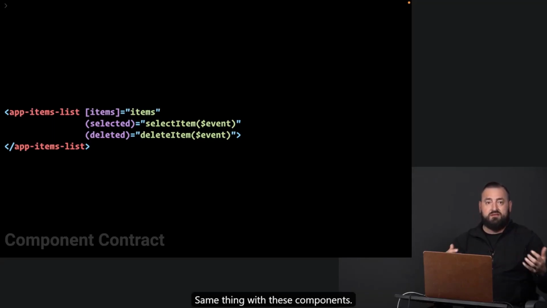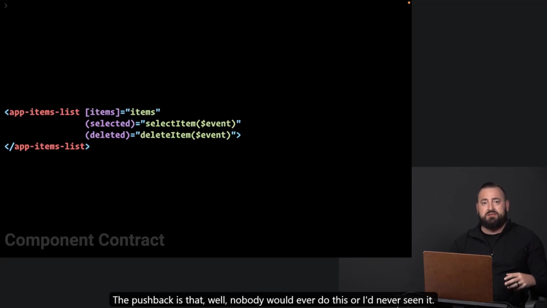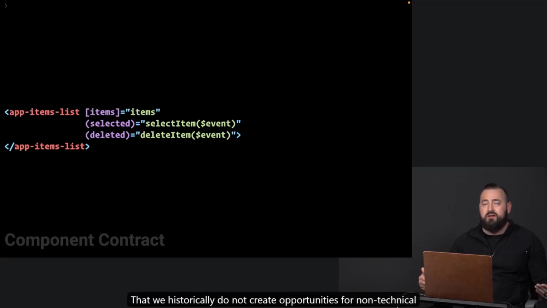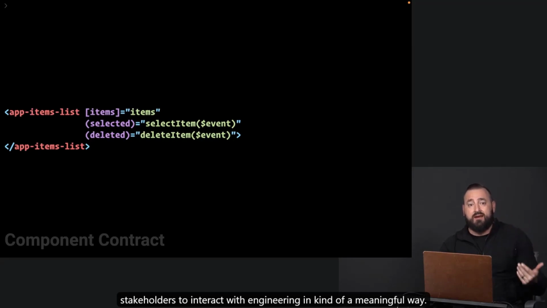Same thing with these components. The pushback is that, well, nobody would ever do this, or I've never seen it. And for me, the question that I immediately go to is, well, how would they have seen it? Historically we do not create opportunities for non-technical stakeholders to interact with engineering in a meaningful way.